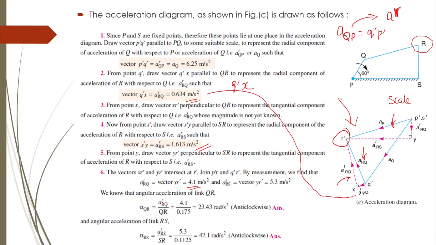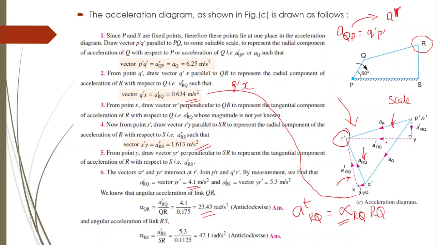The tangential component of acceleration of RQ is equal to alpha RQ into RQ. Then we can find the angular acceleration of RQ, equal to that tangential component divided by QR, which is 23.43 radian per second square.